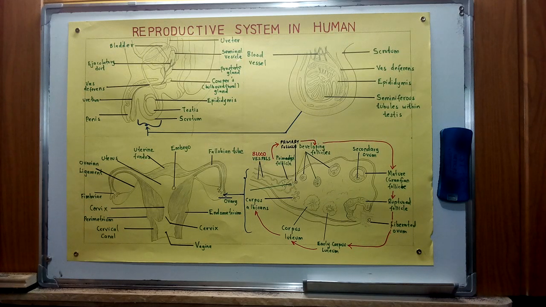Now, apart from these other parts that we have mentioned, which are forming the male reproductive system, we have other accessory organs like the seminal vesicle, which I'm illustrating on the board, this one, and then the prostate gland, or the bulbourethral gland, whose function is the secretion of some substances which mix with the sperm to form semen.